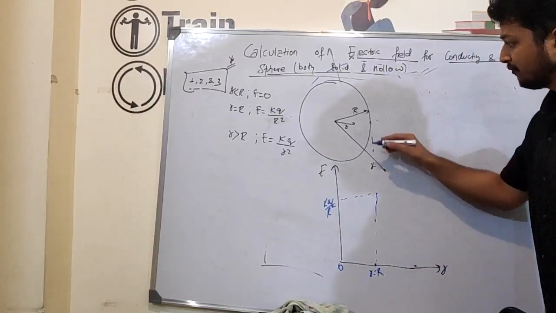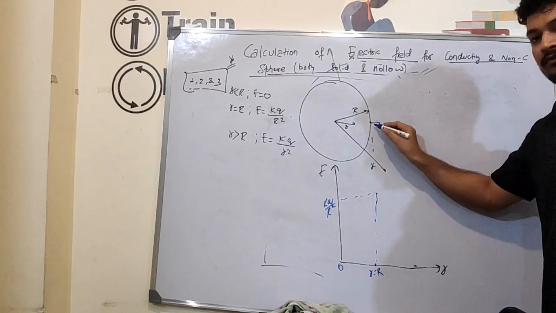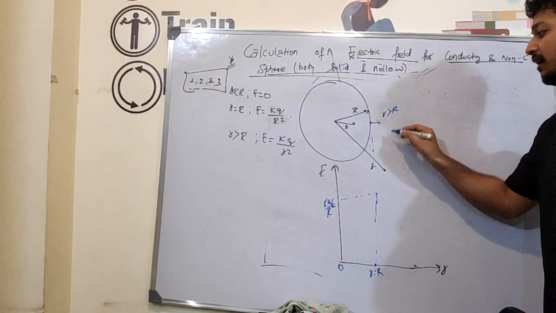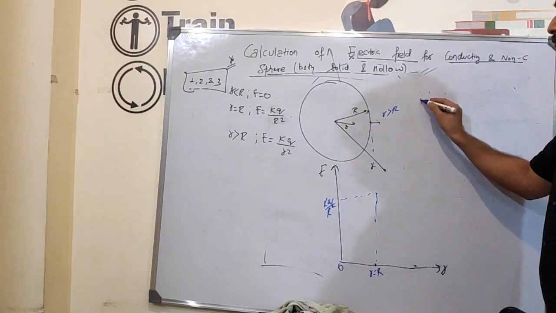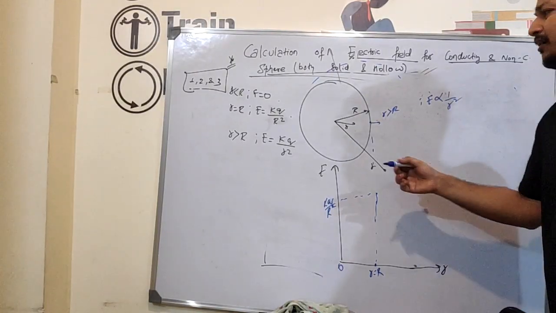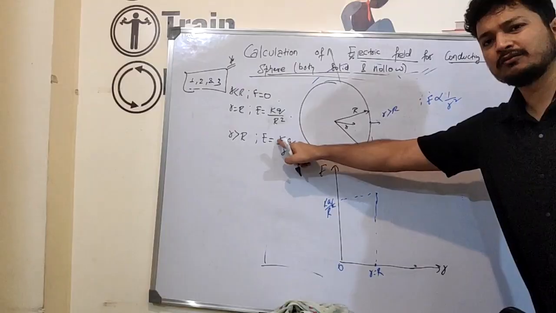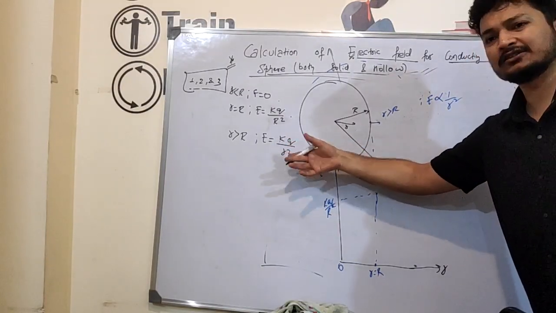And if we go away from the surface, where r is greater than R, like this point, we are going to see that the value of electric field is directly proportional to 1 by r square, because k is a constant, we already know the value. The charge we have taken, we are not going to change, so that is also a constant.